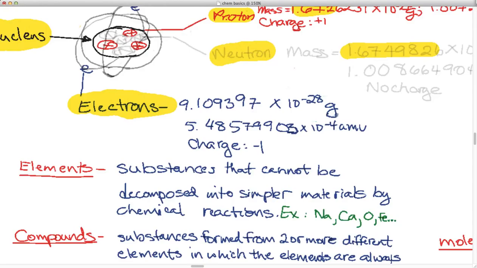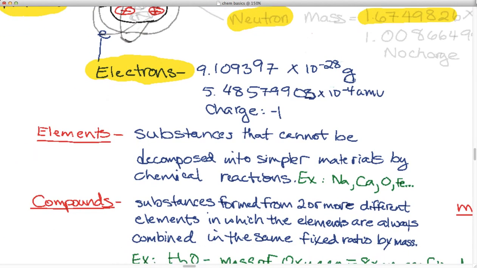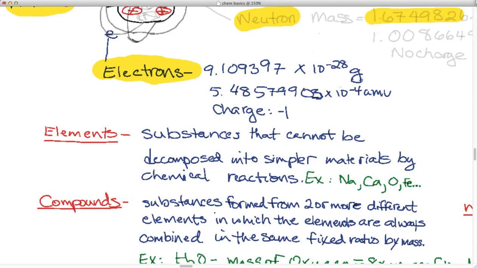We'll talk about atomic numbers later. And basically all the atoms within the element have the same properties. And these elements can form compounds. And these compounds are substances that are formed when two or more different elements are always combined with a fixed ratio.